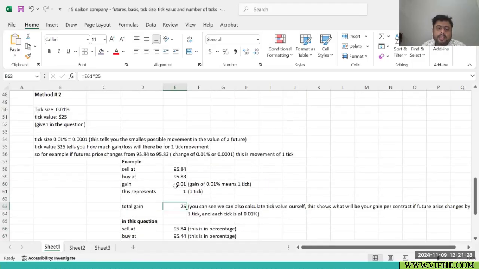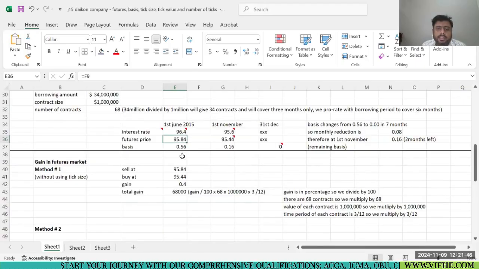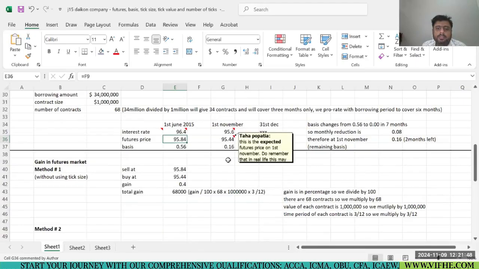Okay. What is tick size? Tick size is the smallest movement in the value of the futures. Tick value is by how much there will be a gain or loss due to movement of one tick. Now in our question 95.84 was moving to 95.44.